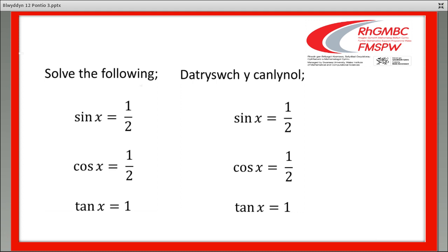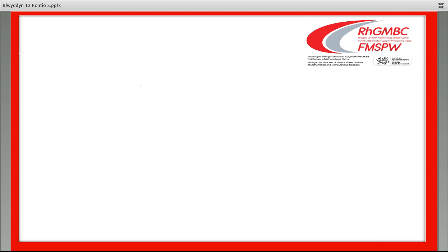Now, in terms of that, what we've got is sine x equals a half. So we pop it up here. Sine x equals a half. So that will give me that x equals sine to the minus 1 of a half.